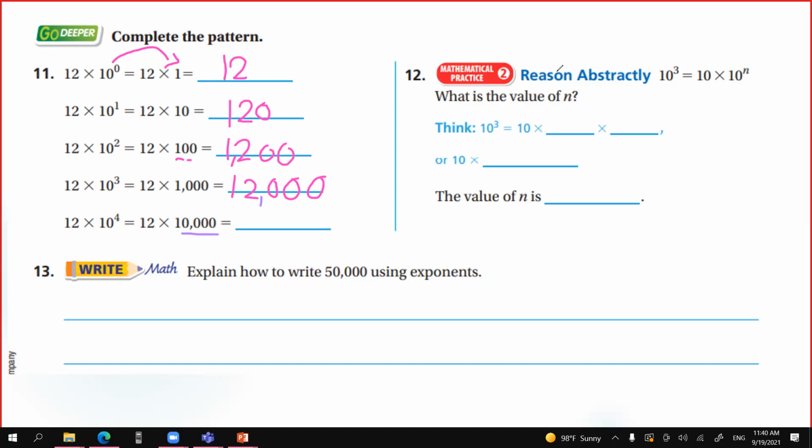So we have 4 zeros and 12. Then each 3 digits add a comma. So what will the number be? 120,000.